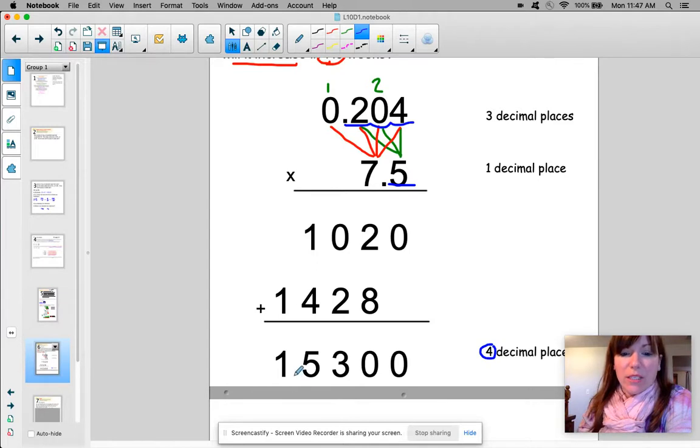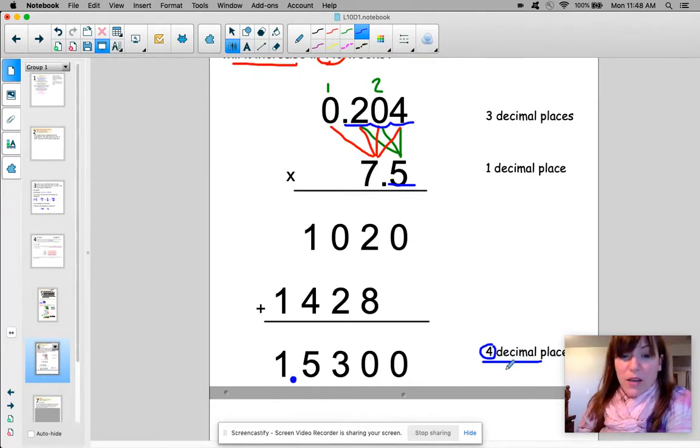So if I were to place it between the 1 and the 5, that would be 4 decimal places. If I were to place it in between the 5 and the 3, that would be only 3 decimal places. If I put it here, it'd only be 2 decimal places, and here would be 1 decimal place. So I really want the first situation to be where that decimal point goes.